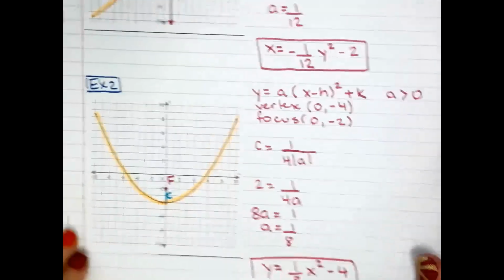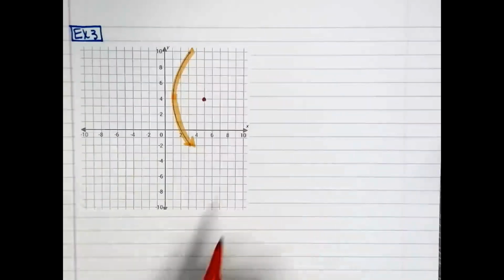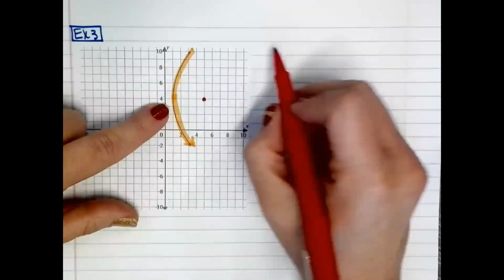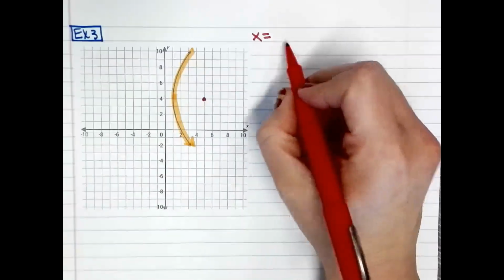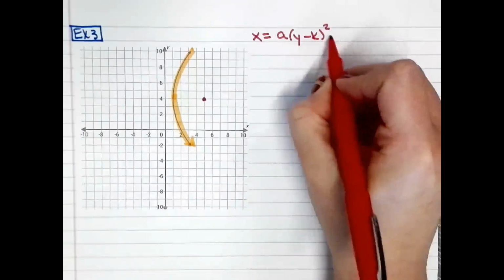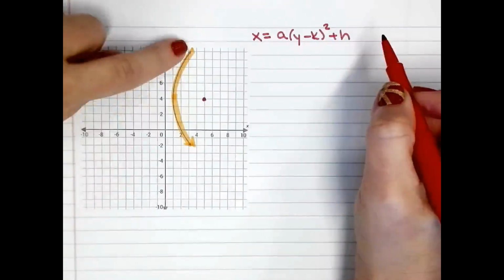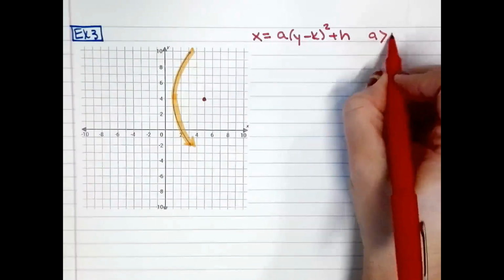One more example. For this one, the vertex form is going to be x equals, like we did on number 1, a times y minus k squared, plus h. Because this parabola opens to the right, I know a is going to be positive.